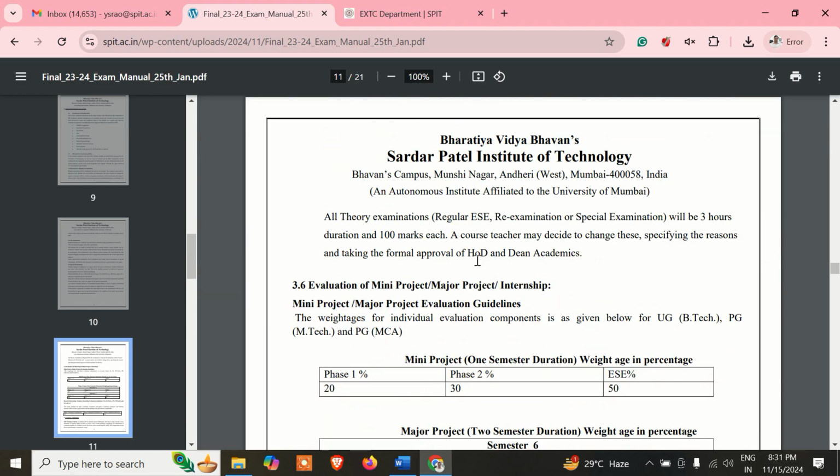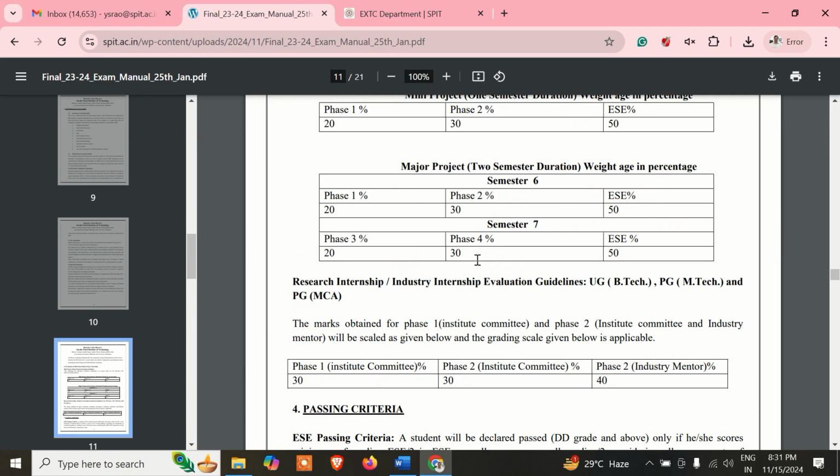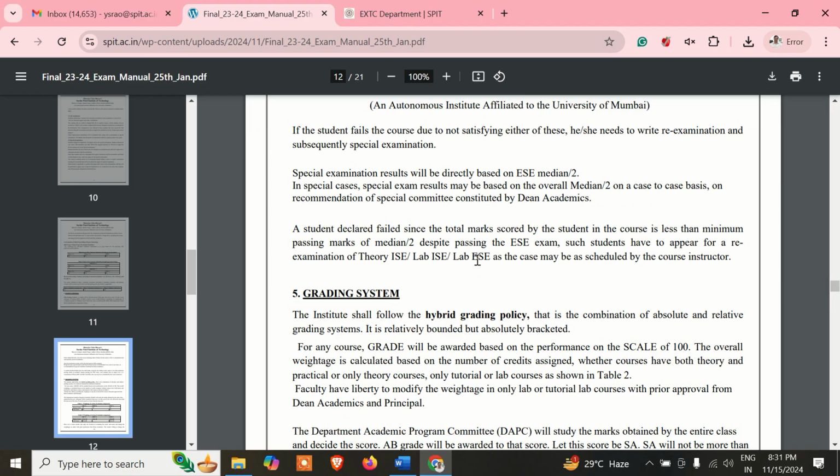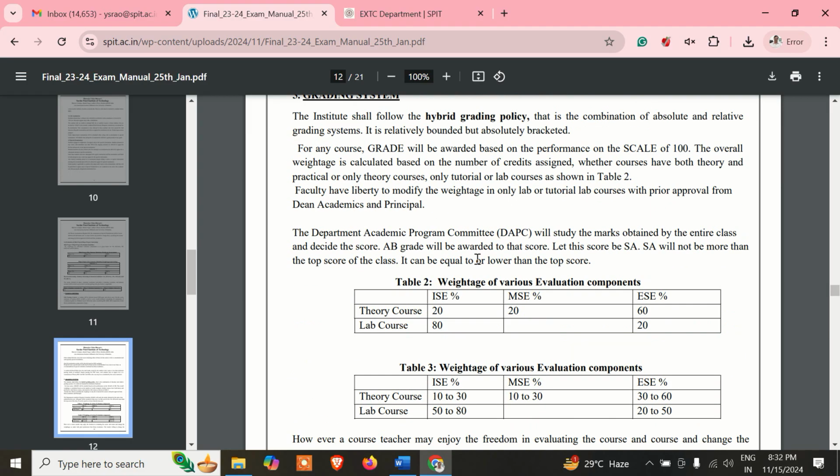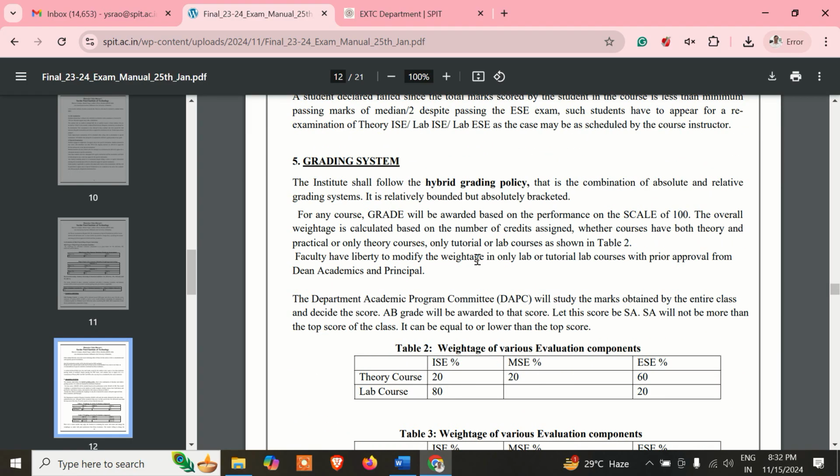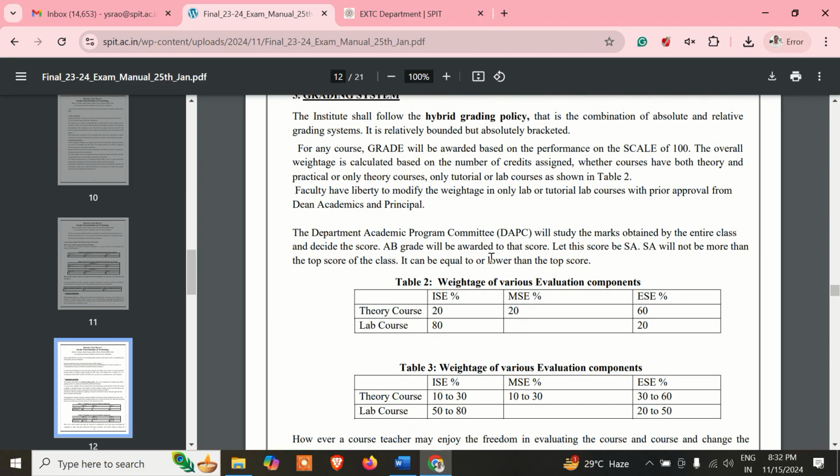Again, it is mentioned in this examination manual. Time to time, a few rules may be amended, so one should go through it. But most importantly, the scaling factor.